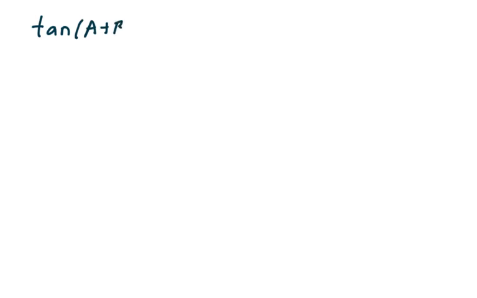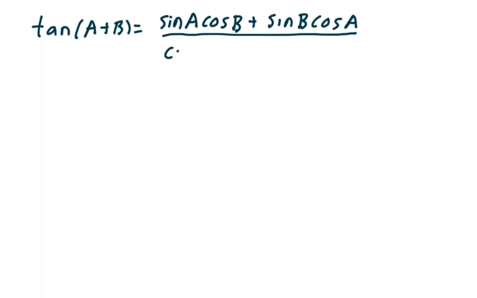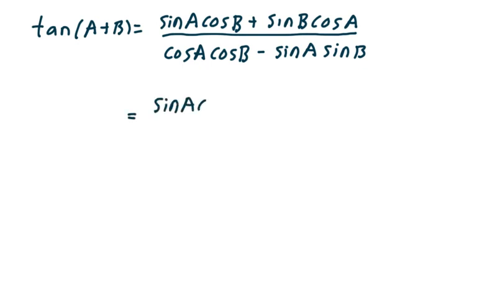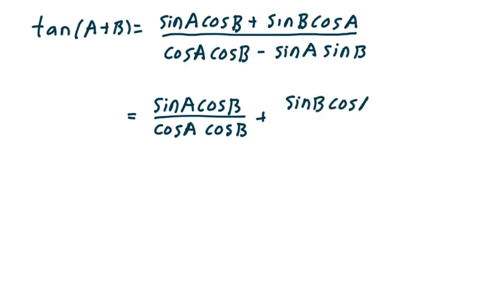We have tangent of A plus B is sine A cosine B plus sine of B cosine of A divided by cosine A cosine B minus sine A sine B. And so if we do that, we're going to get sine A cosine B divided by cosine A cosine B plus sine B cosine A divided by cosine A cosine B. So that's the numerator.